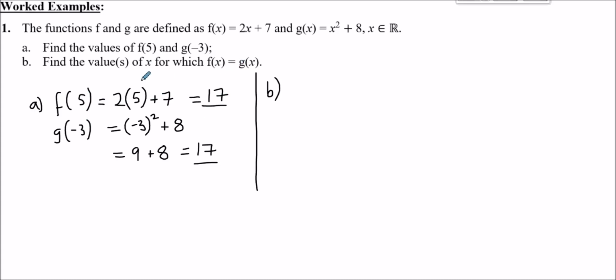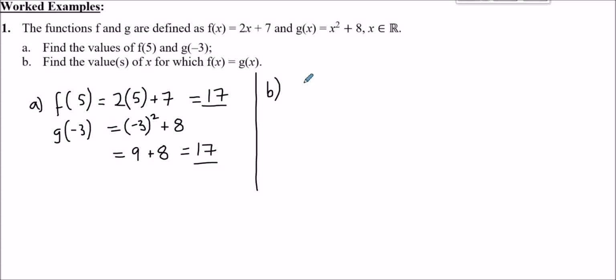We're asking for a value which, when you put it into both of these, gives the same output. So 5 and minus 3 don't necessarily work because we tried f of 5, but we didn't try g of 5, so g of 5 might be different.